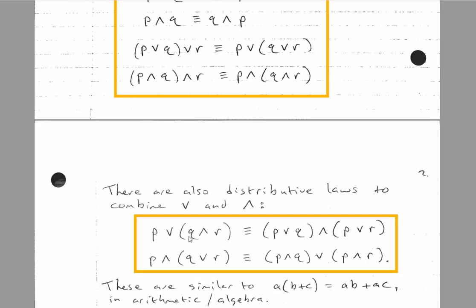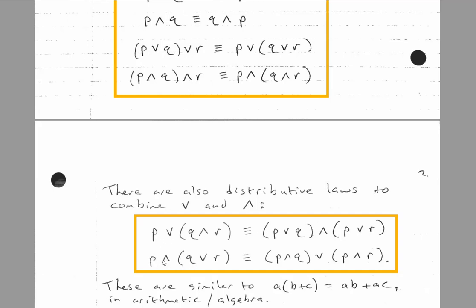So P or Q and R is equivalent to P or Q, parentheses, and P or R. Alright, so yeah, we definitely need the parentheses here.